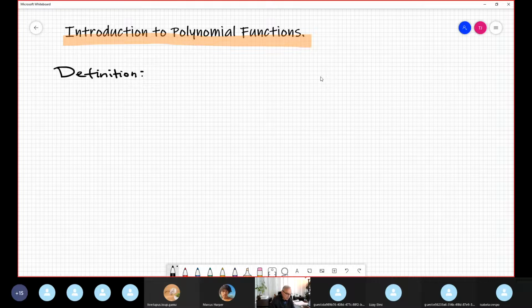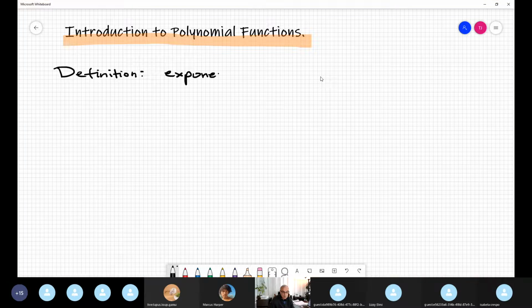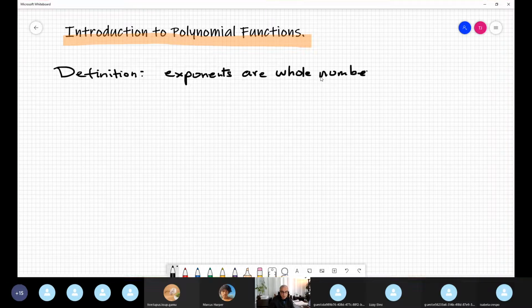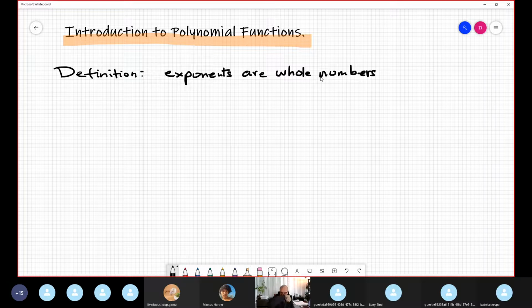And the most important thing to visualize the polynomial is that the exponents are whole numbers. What do whole numbers mean? Whole number means 0, 1, 2, 3, 4, 5.